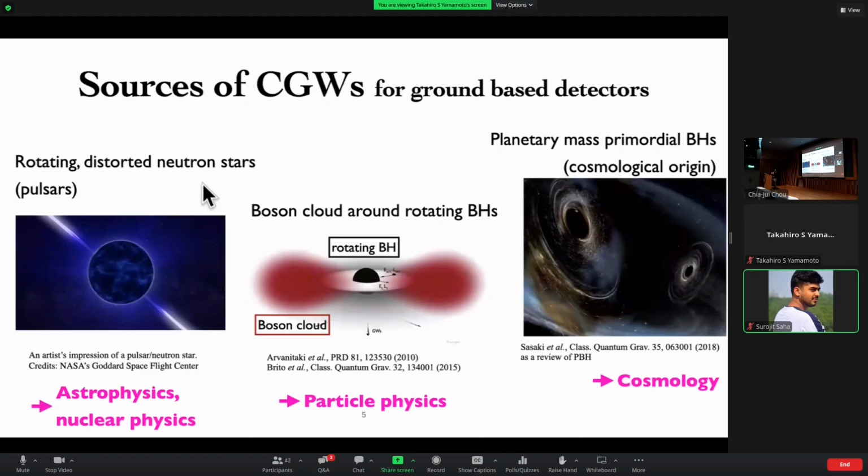It can be estimated from the pulse period and the time derivative of the period. The current sensitivity for targeted searches breaks this spin-down limit.